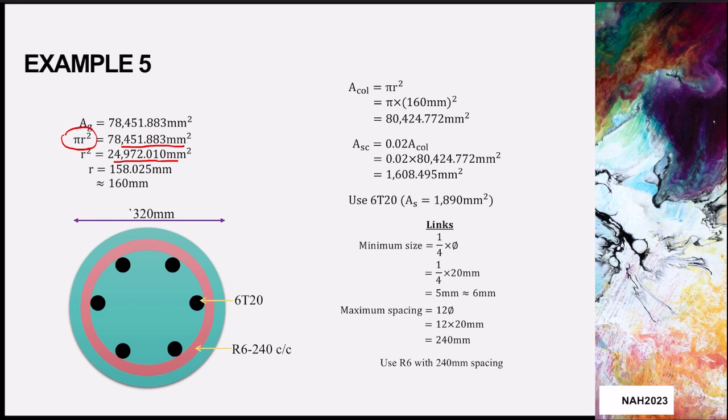And you akan square rootkan value of r power of 2 itu, and you will get this value. Then you need to round it up. Here saya round up to 160. Jadi ini adalah the value of column radius, the actual one.